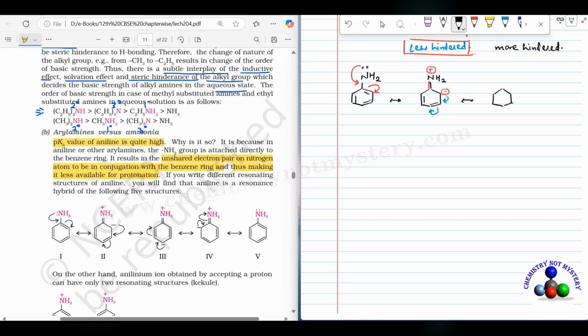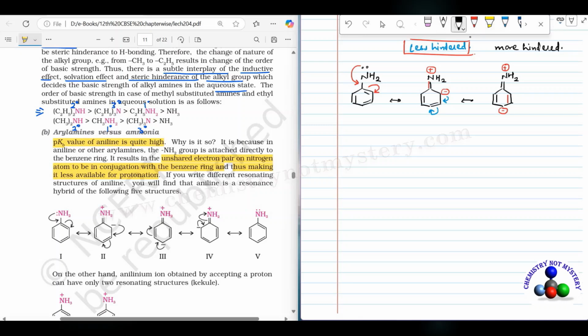In this structure, this bond and this double bond remain as it is. So this is NH2. Nitrogen has positive charge. As this negative charge moves between these two carbons, a new bond is formed between these two carbons. As this pi bond moves to the carbon, this carbon develops negative charge.